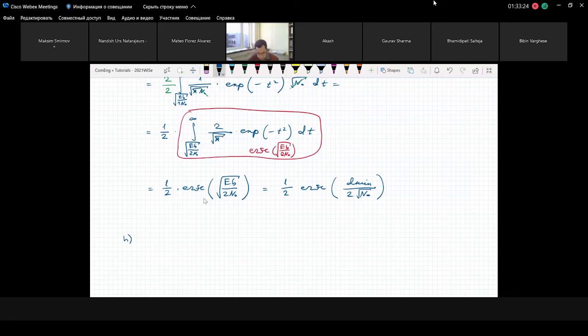Part H, and there we say that we assume transmission of a continuous bit stream, Bn, and we need to find the mean transmit power, capital P, which is UTX squared. This is mean squared voltage.